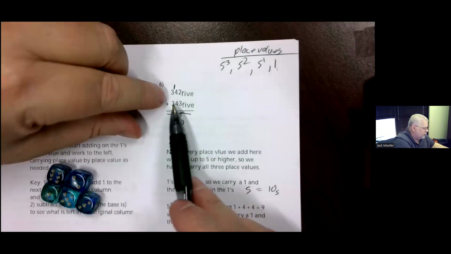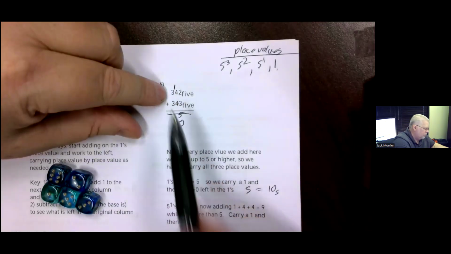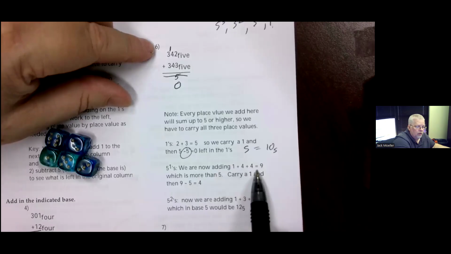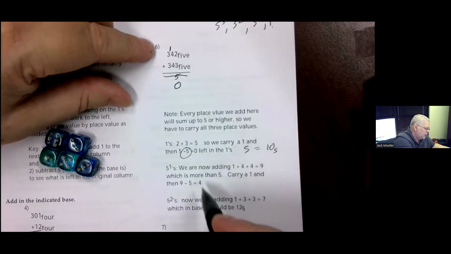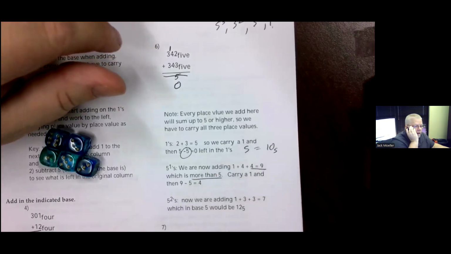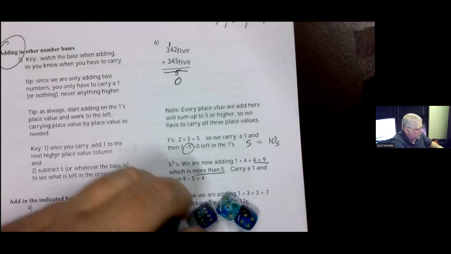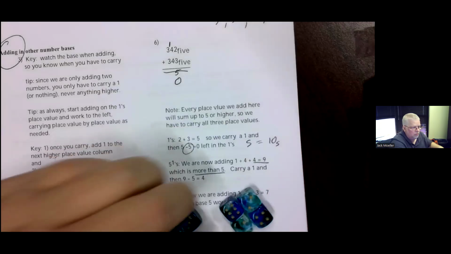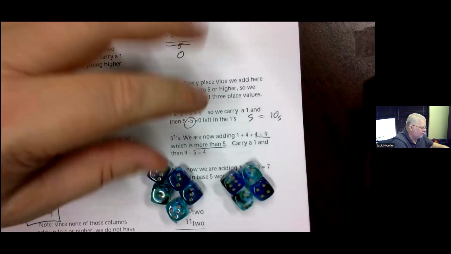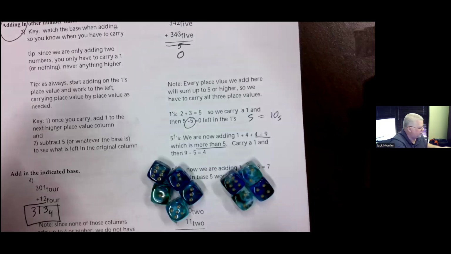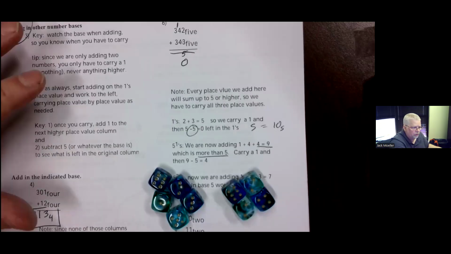All right, now look at the second column. We're going to have 1 plus 4 plus 4. That's going to give us a 9, but 9 is more than 5. So we're going to have to carry. How much do we carry? Now remember, right now we're in the 5s group, but it doesn't really matter which place value you're in. The carrying still works.